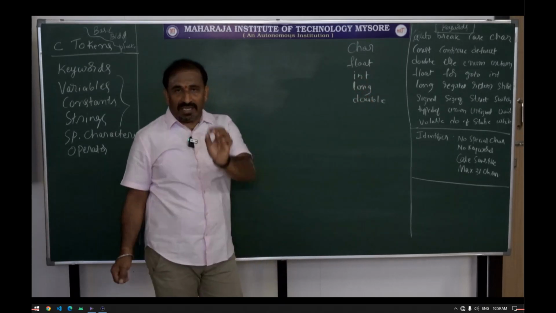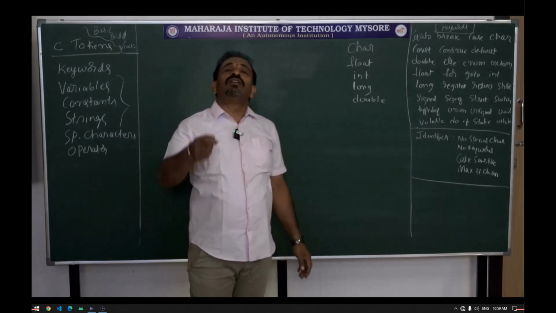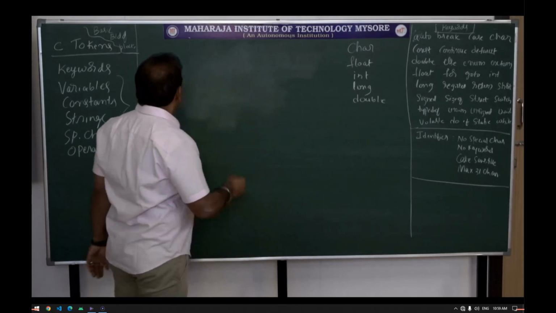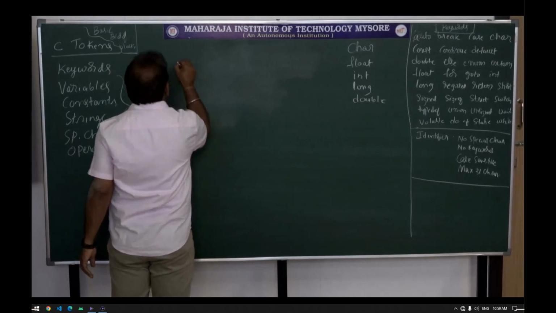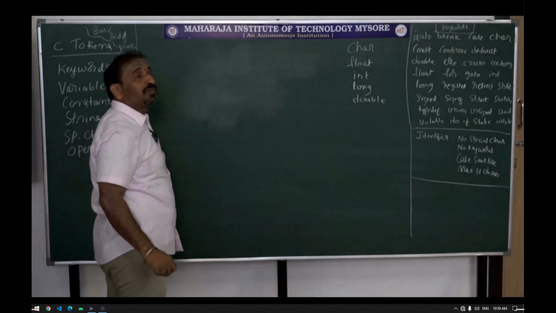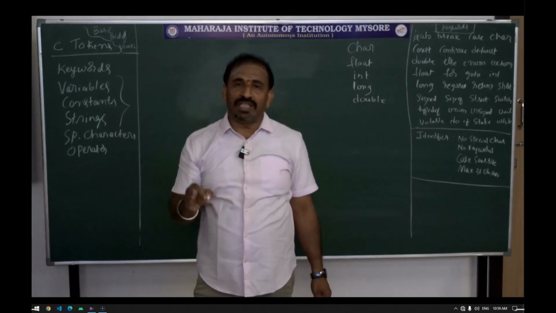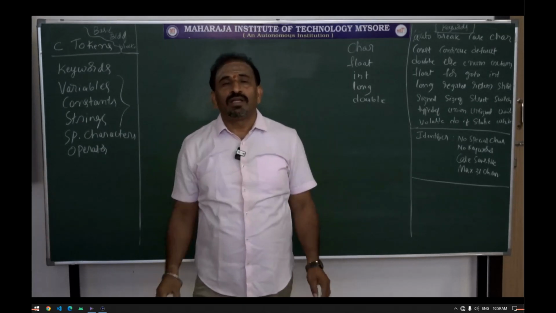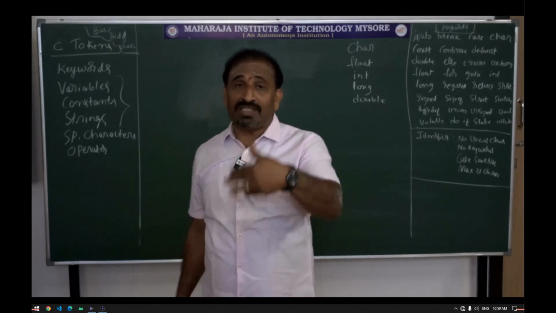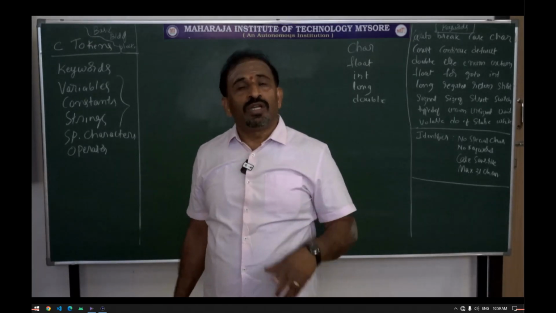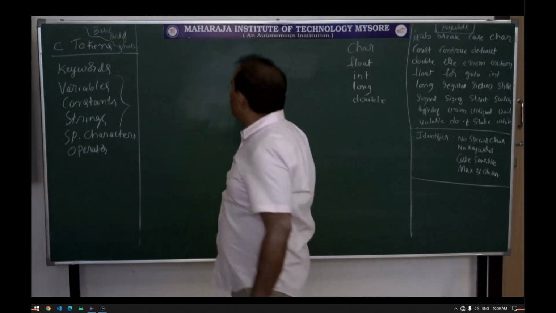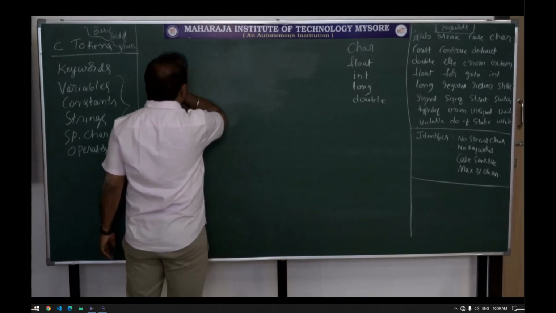Okay, let us take certain variables. Something like register number, or your roll number. Let us consider that in your class of 60, you have a roll number. Now I am declaring roll number as a variable. So how to declare this variable? It is something like this.